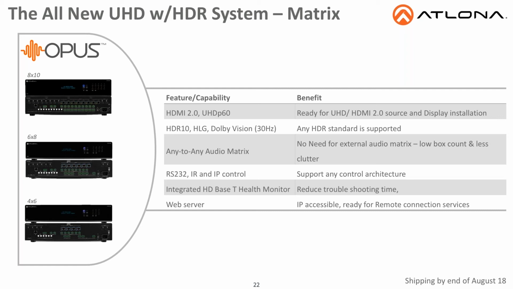Okay. And what's the easiest way to cascade if we wanted to take an 8x10 and turn it into an 8x20? Well, you'd be limited to the first inputs. I don't know that there's actually a cascading capability here necessarily.